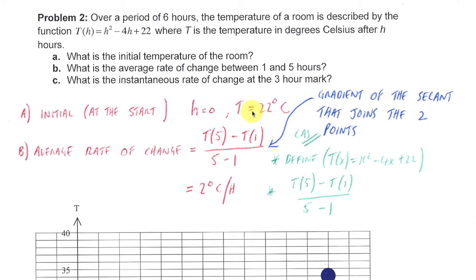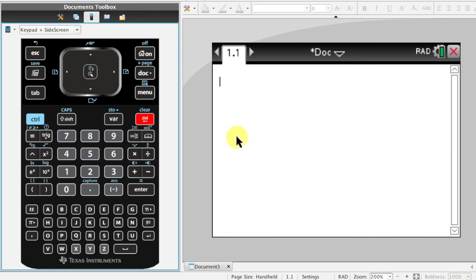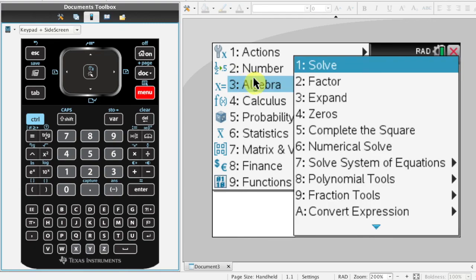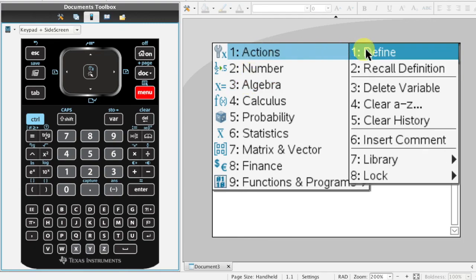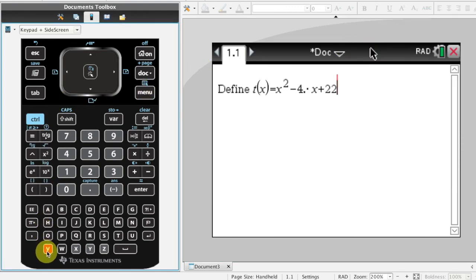What I'm going to do now is define the function because I'm going to do some work with the function on my CAS. So we're now going to define that function. If I go menu, algebra, menu actions and define, and we'll put the function in.